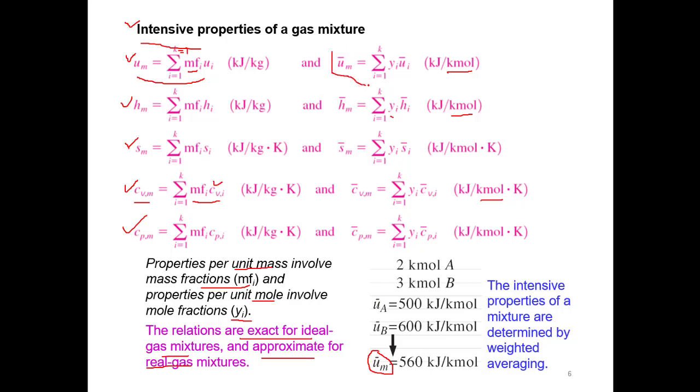First of all, you have to calculate the mole fraction of each gas. The total mole is 5, so Ya will be 2 divided by 5 and Yb will be 3 divided by 5. Ua and Ub are already given. If you put these values in this equation, you will get 560 kilojoule per kilomole, right?